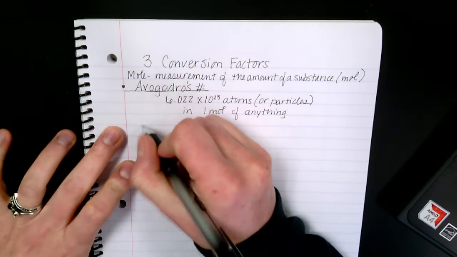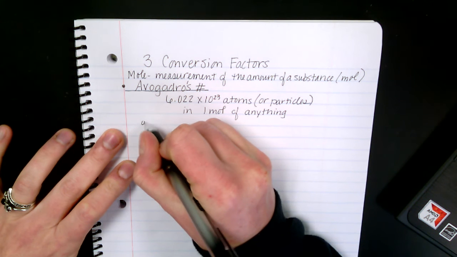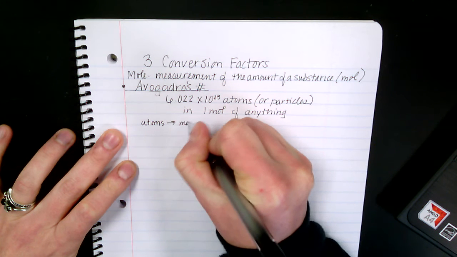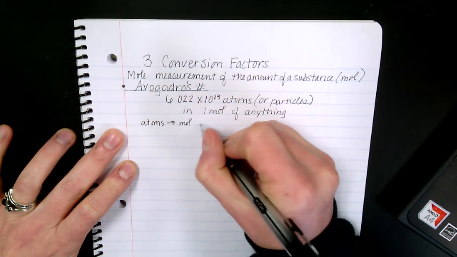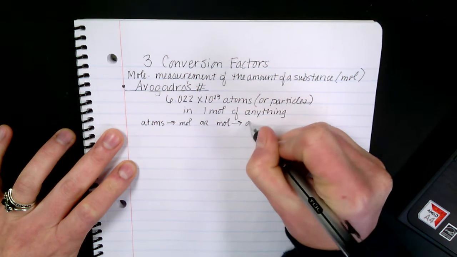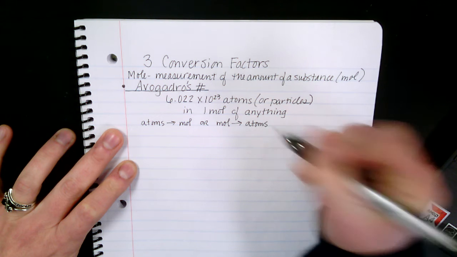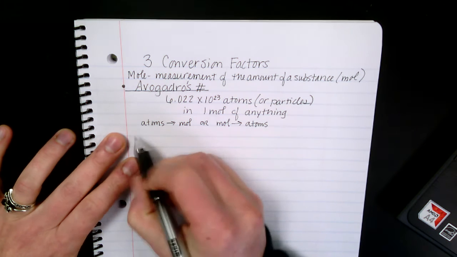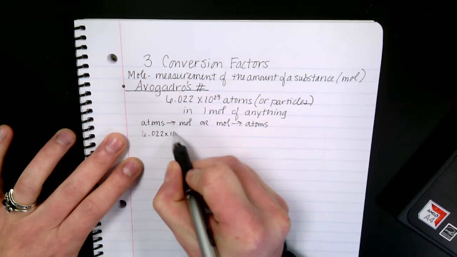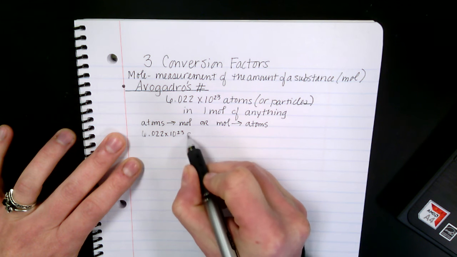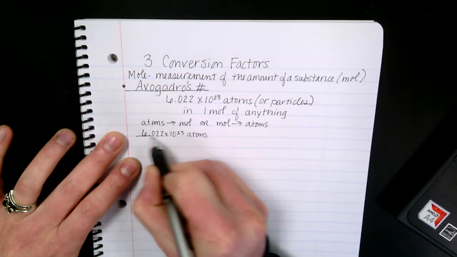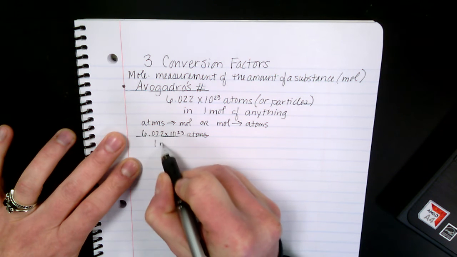So this conversion factor will get you from atoms to moles, or moles to atoms. And you would just set it up: 6.022 times 10 to the 23rd atoms, and that's always to 1 mole.